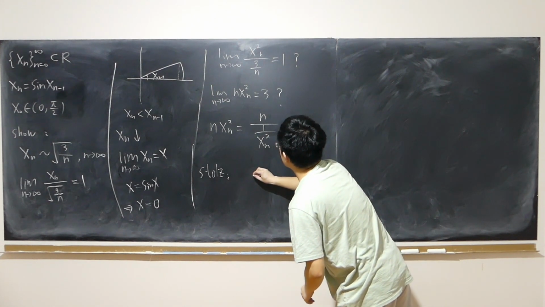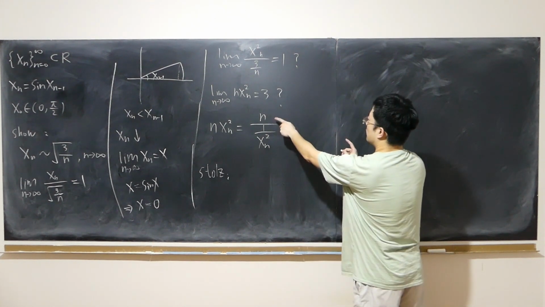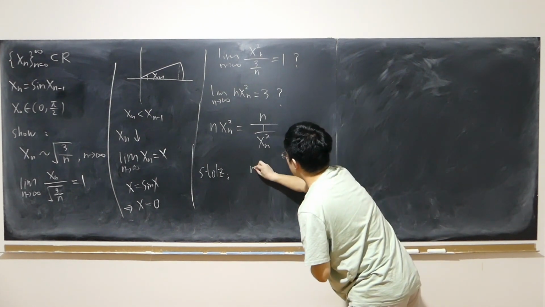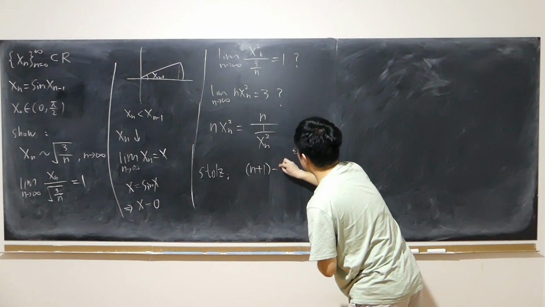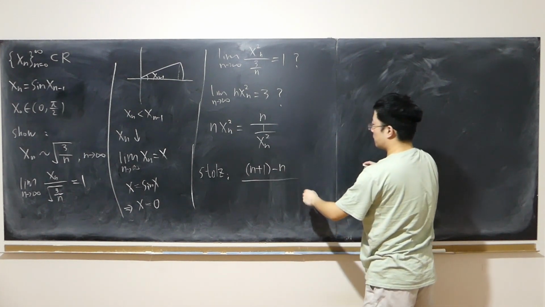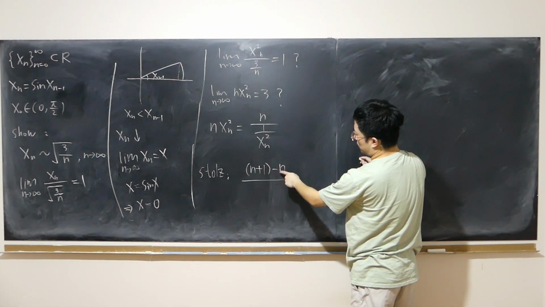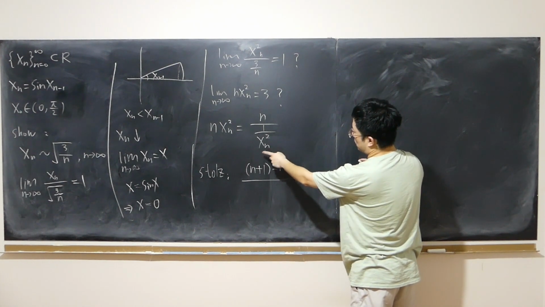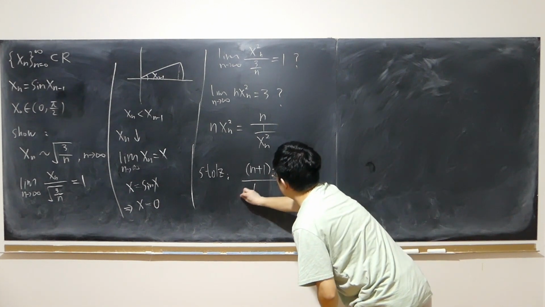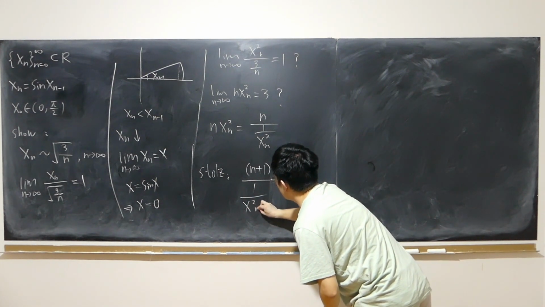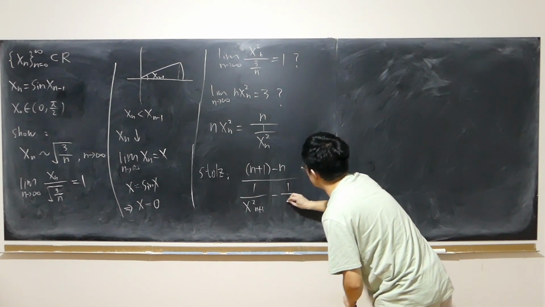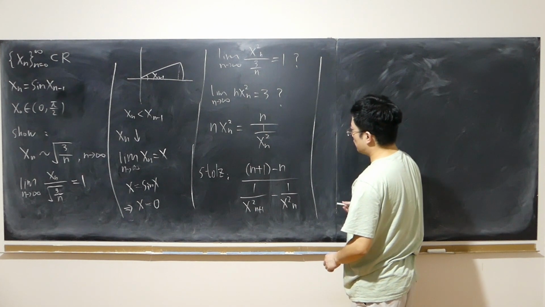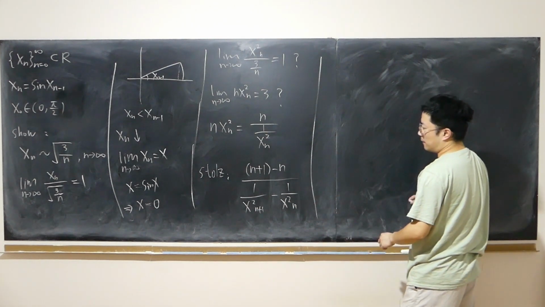We take the difference of the next term and the previous term: n plus 1 minus n, that's the bn plus 1 minus bn, over an plus 1 minus an, which is 1 over x squared n plus 1 minus 1 over x squared n. As long as we can work out this limit, then we're done.